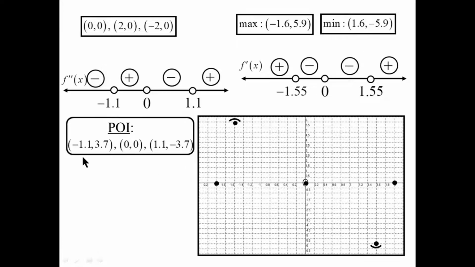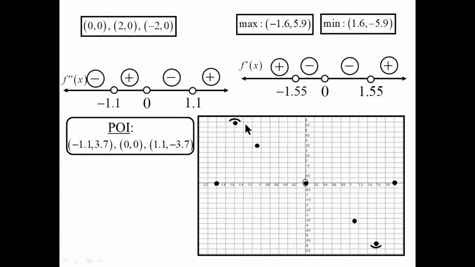Our points of inflection must go on. So negative 1.1, 3.7. 0, 0 is already there. And 1.1, negative 3.7. And now reading our prime line. We increase to this point, and then we decrease. So we'll come up through this x-intercept all the way to this point, and then we decrease. Meanwhile, as we approach this point of inflection, we are concave down, an upside down soup bowl, becoming a right side up soup bowl.